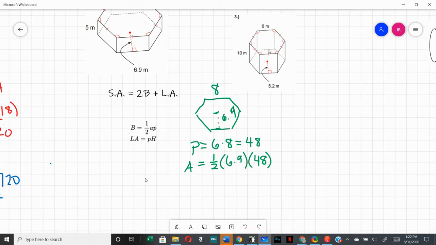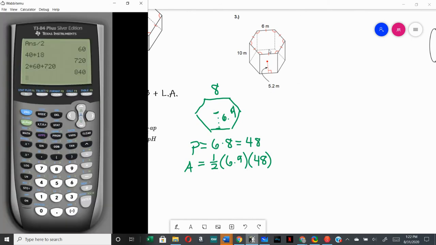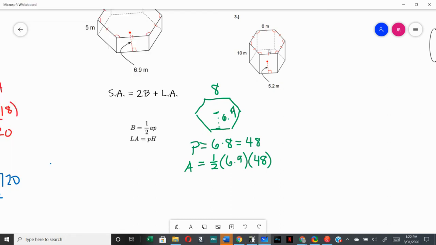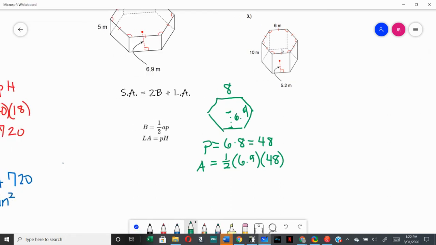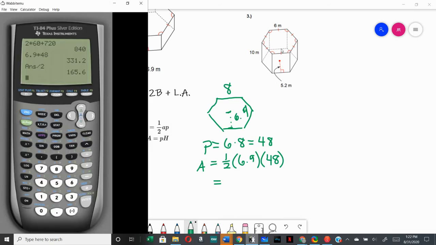So pull my calculator out. And I've got 6.9 times 48 divided by 2. So my area is 165.6.